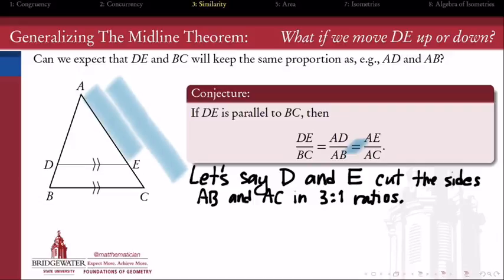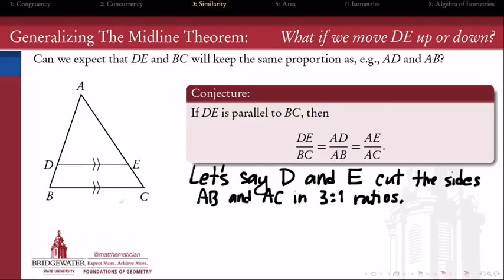So whatever ratio I've cut one side down by, I've also cut the other side down by. And as a consequence, that same ratio also exists for the remaining pair of sides. That's our conjecture, that even if we're not cutting the sides in half as we were in the midline theorem, those ratios are still preserved as long as my line here is parallel to the side BC.